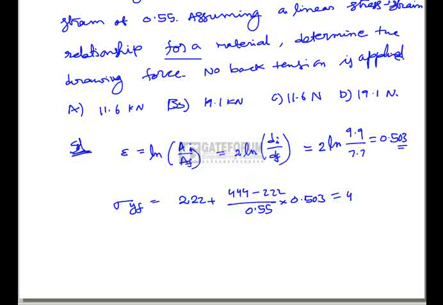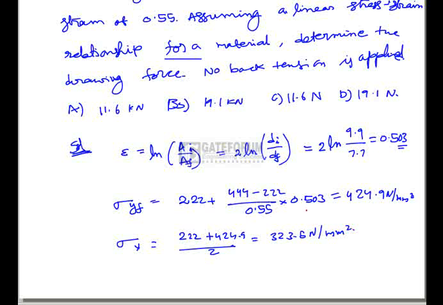So this is equal to 424.9 Newton per mm square. Now the average yield stress sigma y is given by the average of the final and initial yield stresses, that is (222 plus 424.9) by 2, which gives a value of 323.5 Newton per mm square.